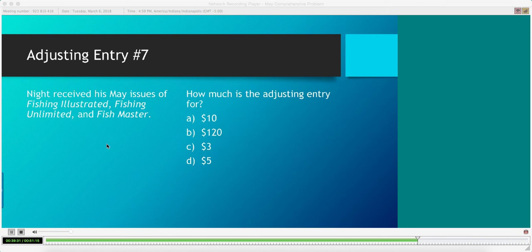So we're going to have $120 divided by 12 months, and that is going to give us the monthly amount. That's why I put this one in, because we're only adjusting for 1 month. Students usually miss this one at first, which is why I throw it in.